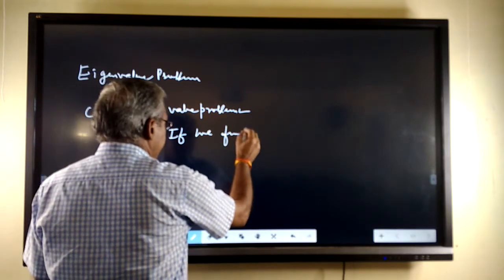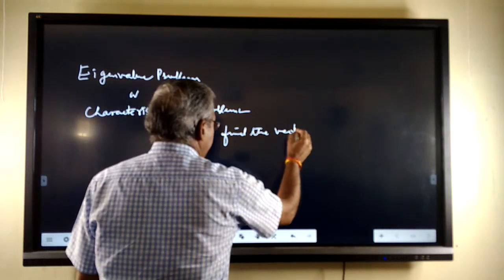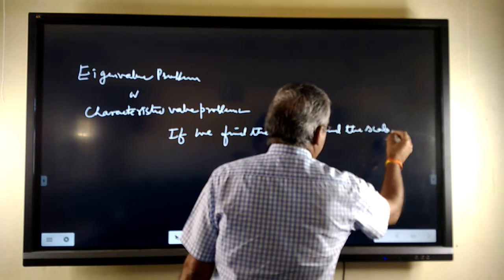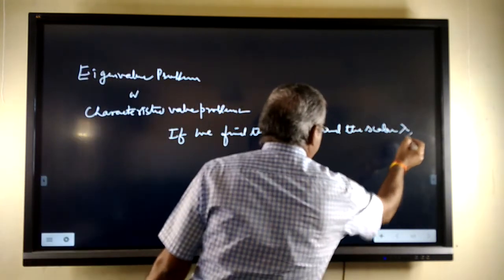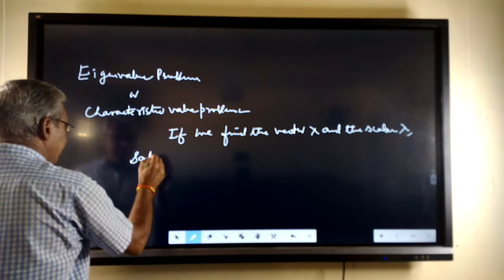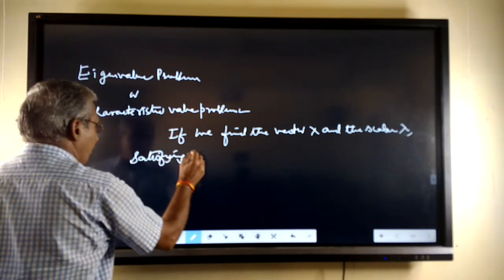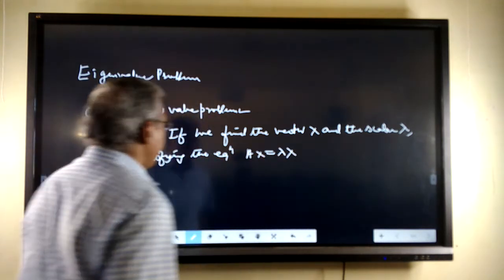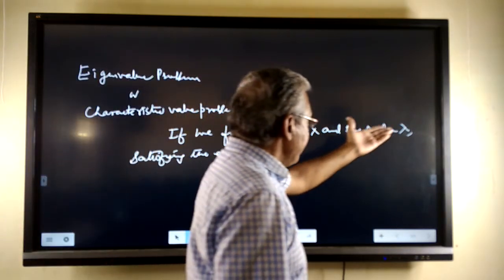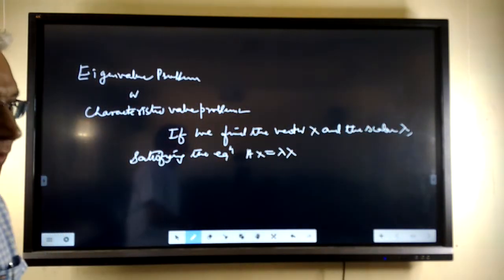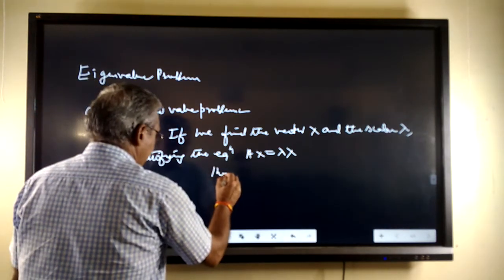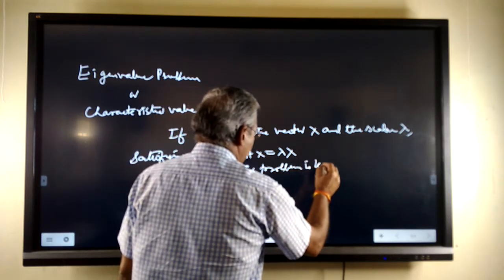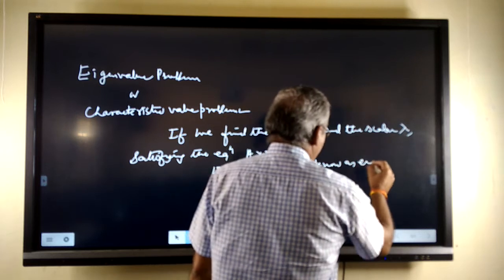If you find the vector x and the scalar lambda satisfying the equation Ax equals lambda x, then this problem is known as the eigenvalue problem.